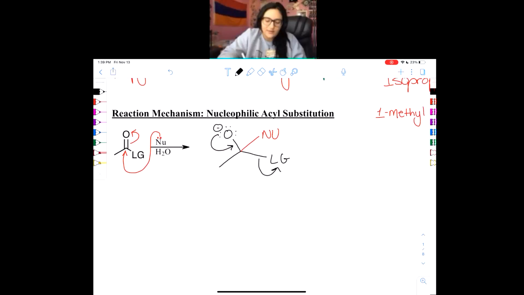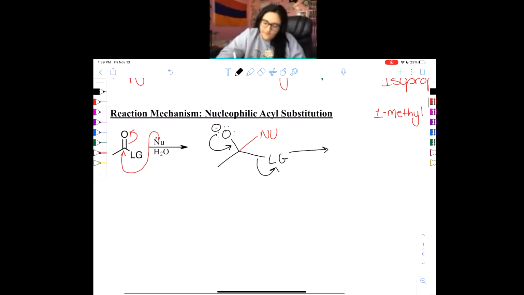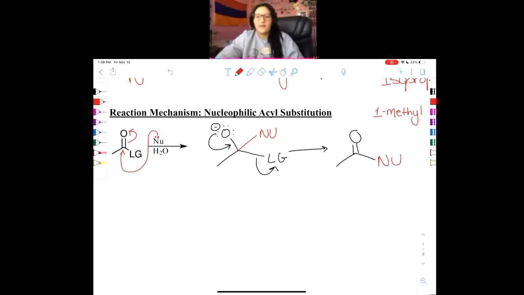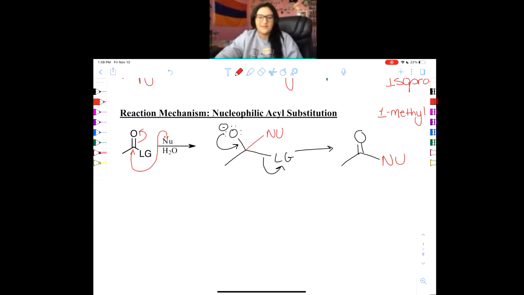So we get the double bond reformed, and now we have our nucleophile attached. And that is pretty much it for the basis of this reaction. Essentially, at the end of the day, all you're doing is taking away the leaving group and replacing it with your nucleophile.